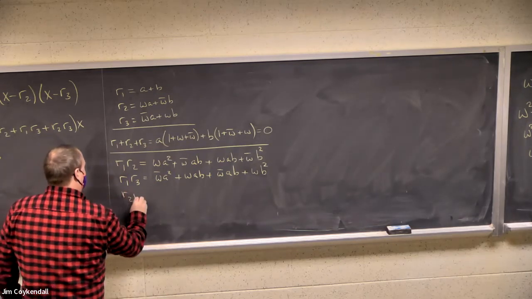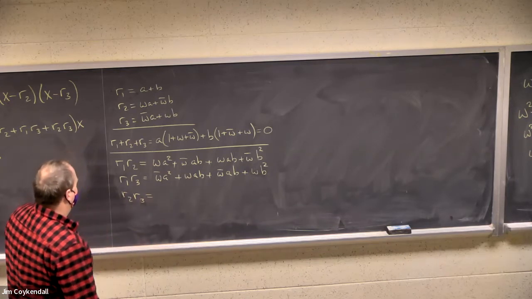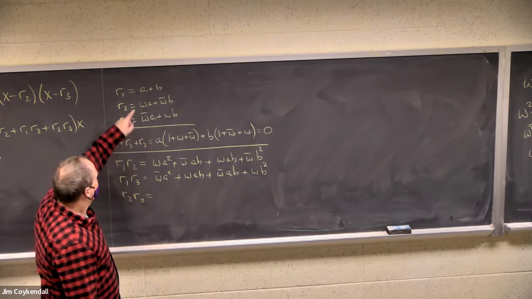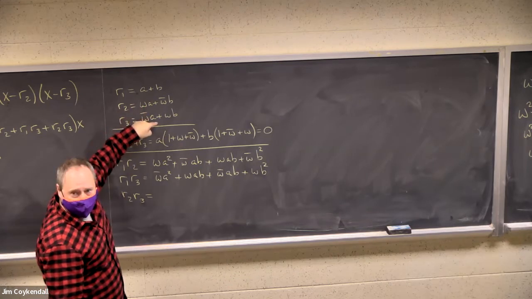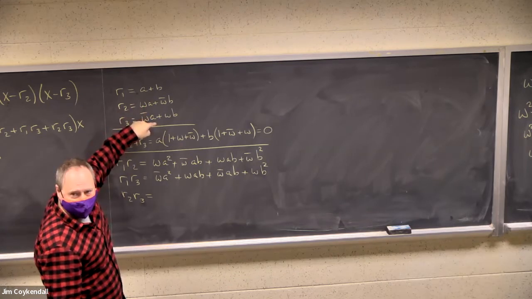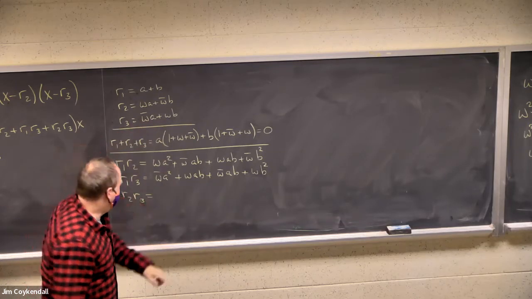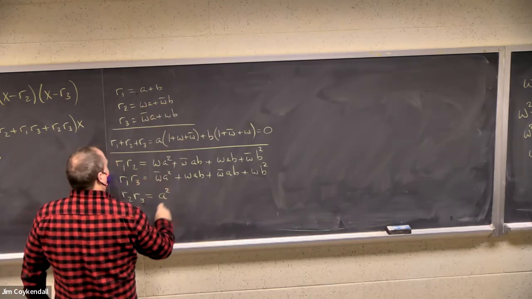And this is the most obnoxious one, but it's not too bad because actually this is omega times omega bar A squared, first term. And what's omega times omega bar? It's the modulus of omega squared, which is 1. So this is A squared.